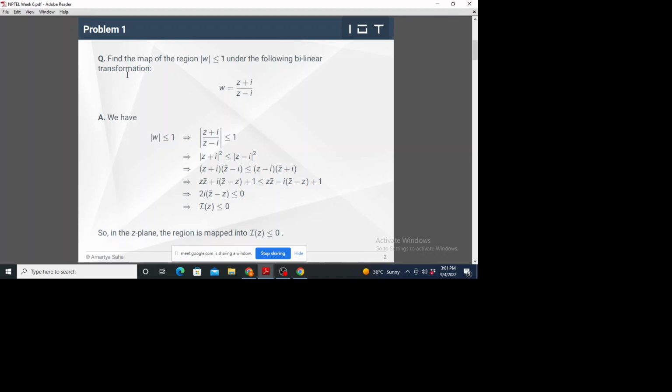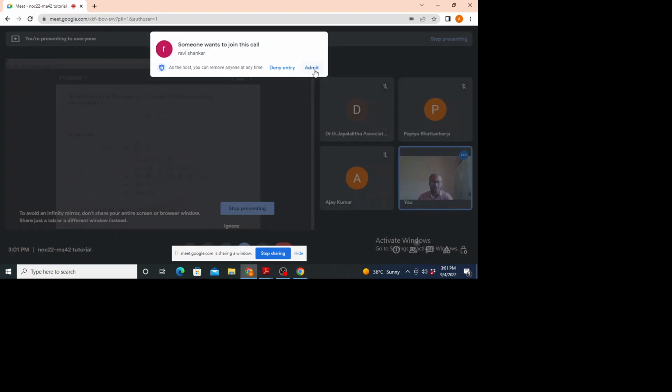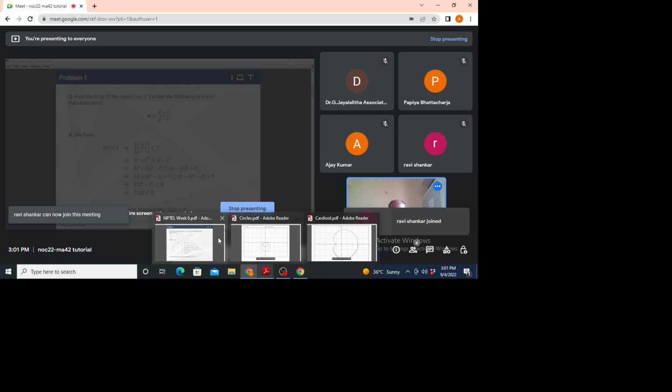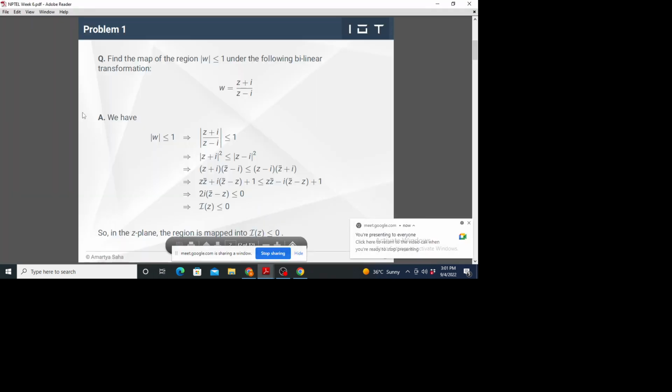Please look at this problem statement. The problem statements are of this kind: find the map of a given region under the following transformation. This is the generic statement for the problems discussed this week.